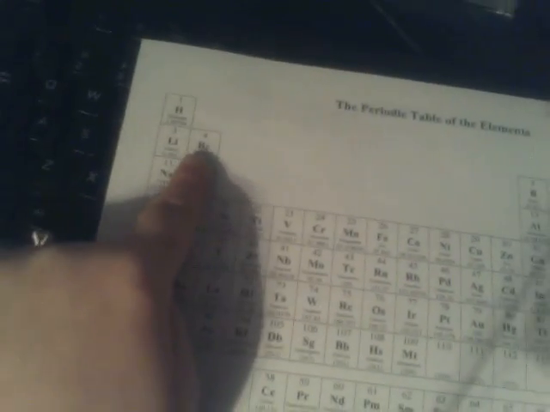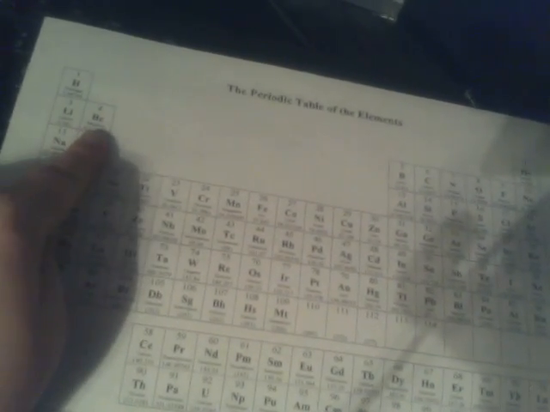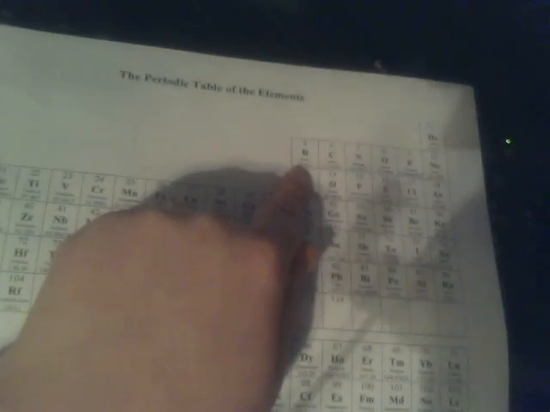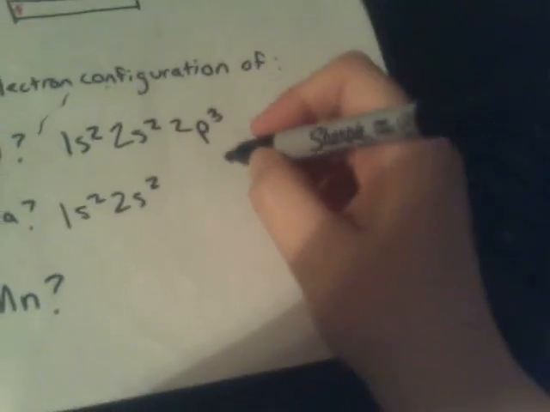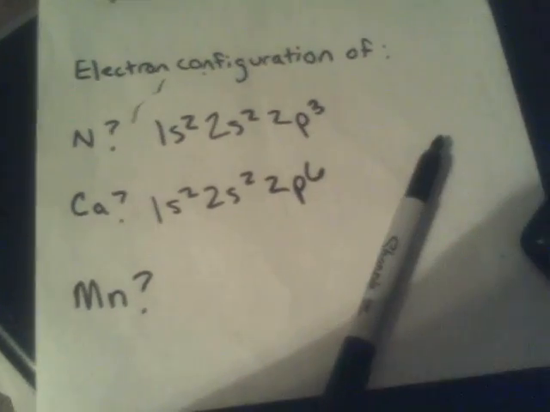So where are we at? We're only here at beryllium, right? We're trying to get to calcium. So then we move over here. This is the P block. So 2p, 1, 2, 3, 4, 5, 6, 2p6. So we're going to have to fill up 2p6. Okay.